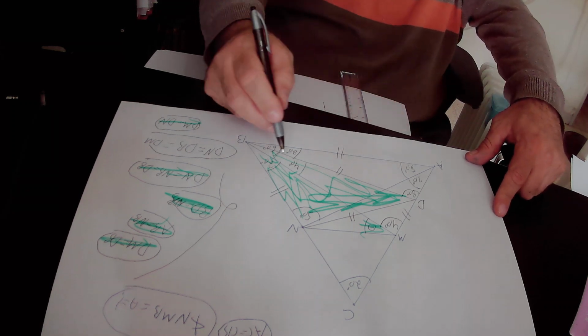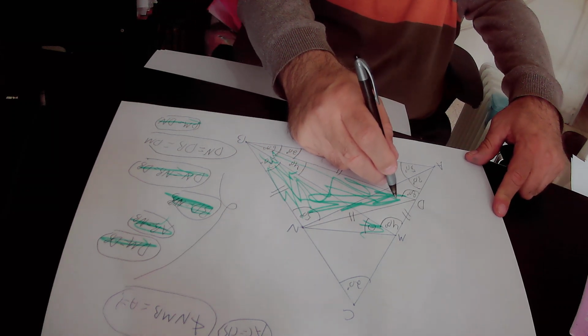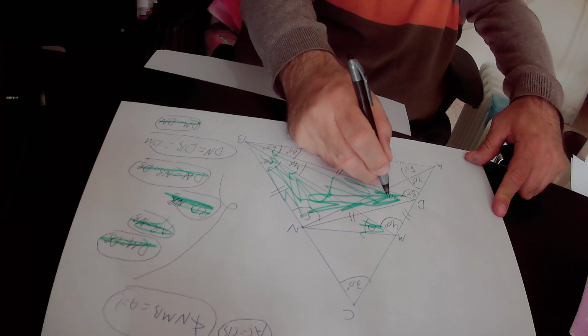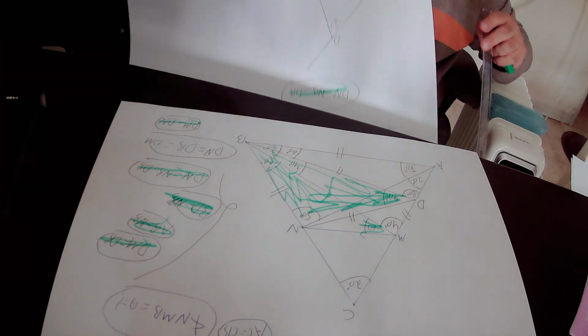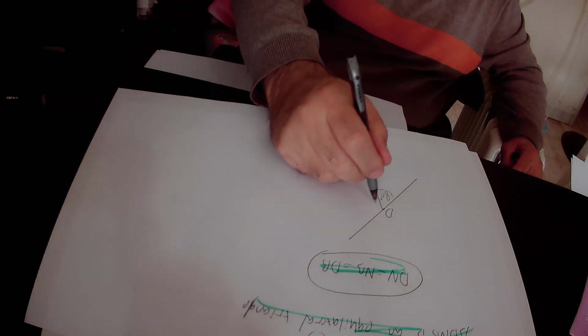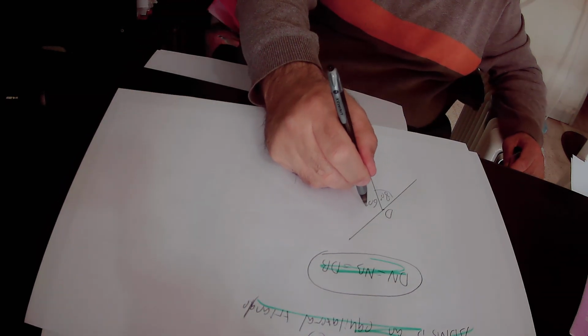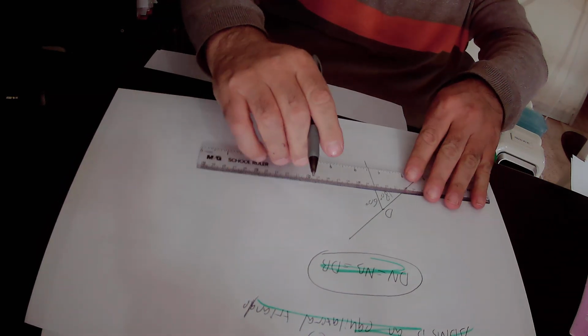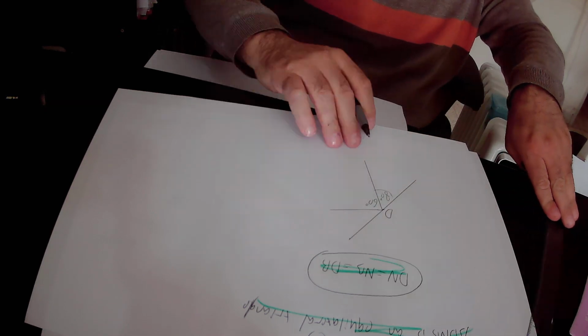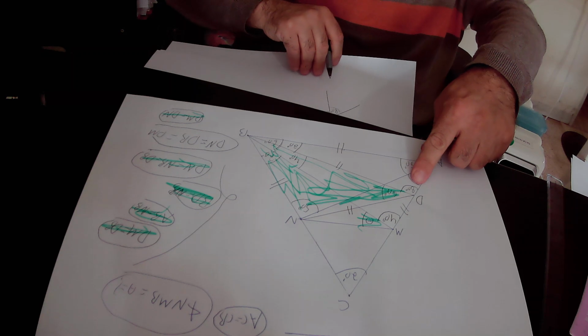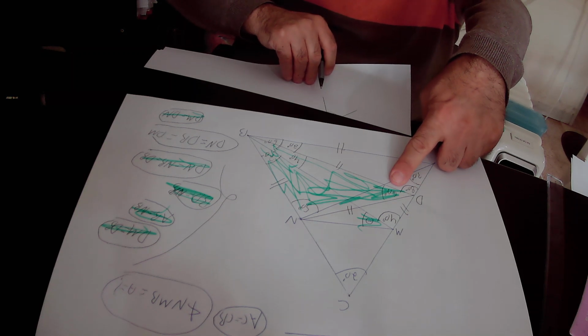The green triangle is an equilateral triangle, so this angle must be equal to 60 degrees.